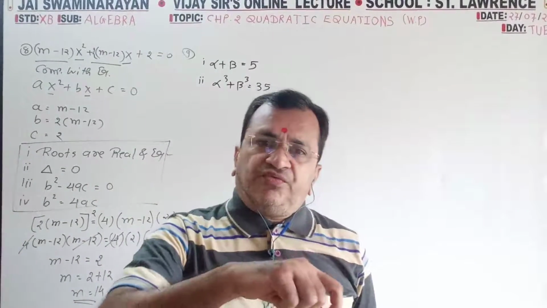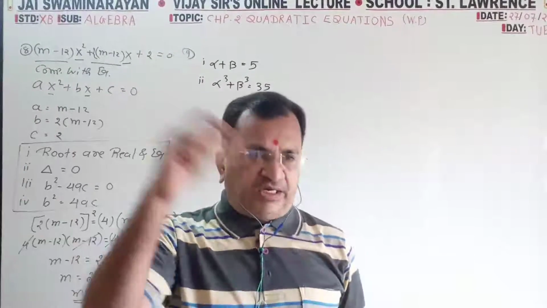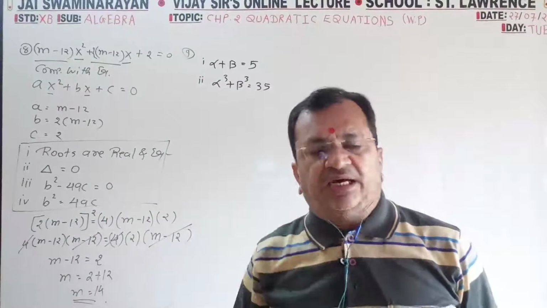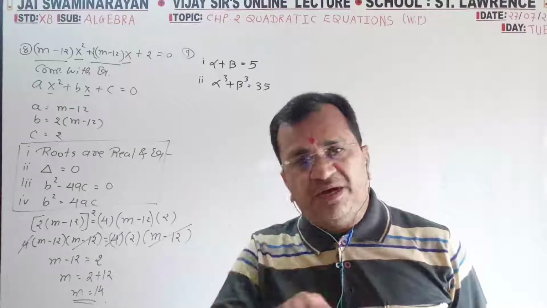Now, for the preparation of an equation from the roots, we need the total alpha plus beta, and we need the product alpha dot beta.